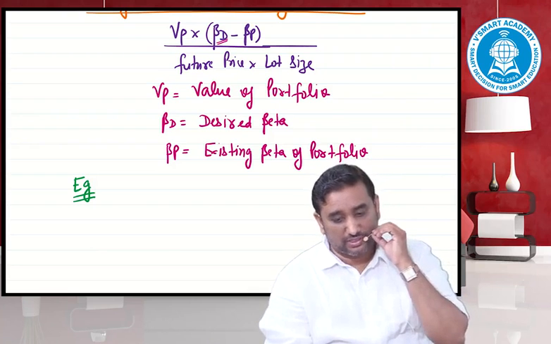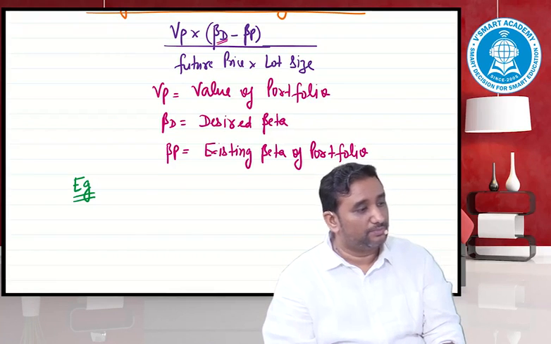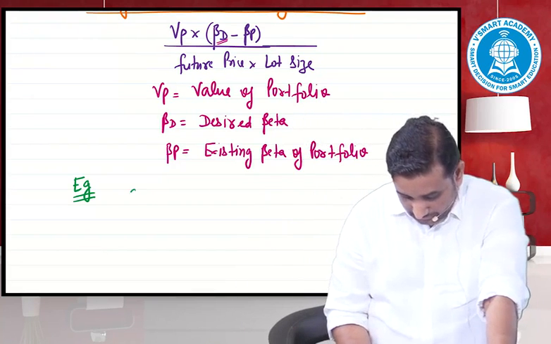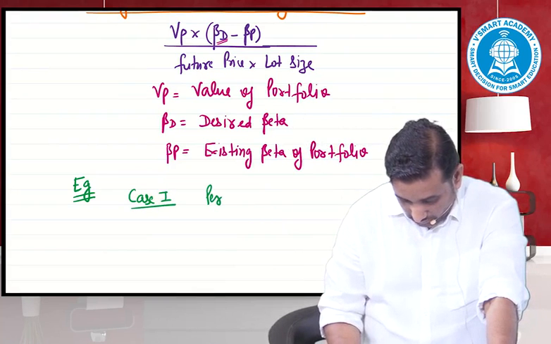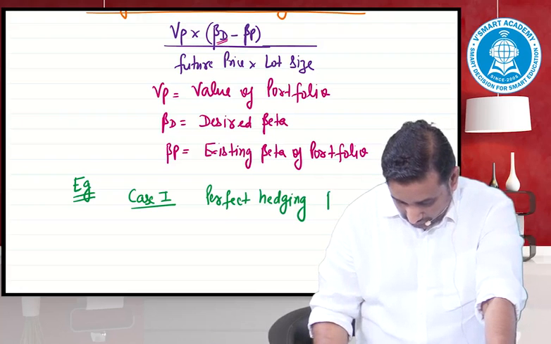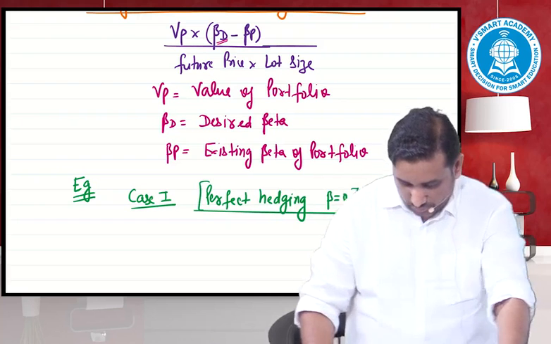Now we are doing case 1. Case 1 is perfect hedging. Perfect hedging means I want to reduce the beta effect to 0. In this I need 2 parts from you.